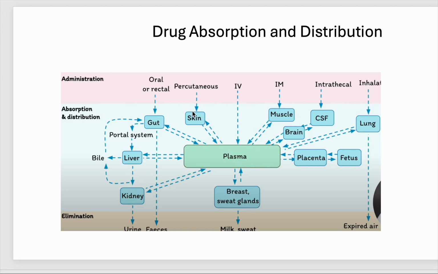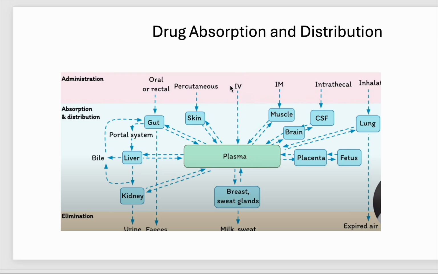Percutaneous, like when the thing is injected to the subcutaneous layer, or percutaneous, like in the skin. From skin, it can go to plasma, and from plasma to either the breast or its area of target. This is basically how the drug circulates throughout the body.